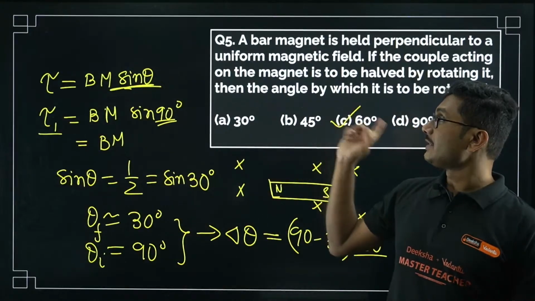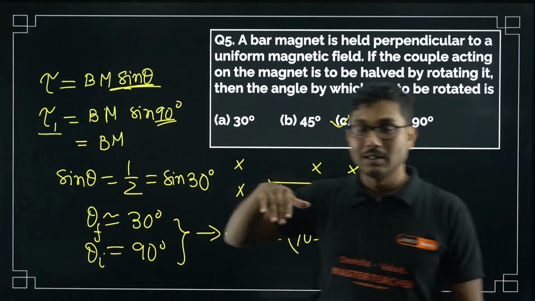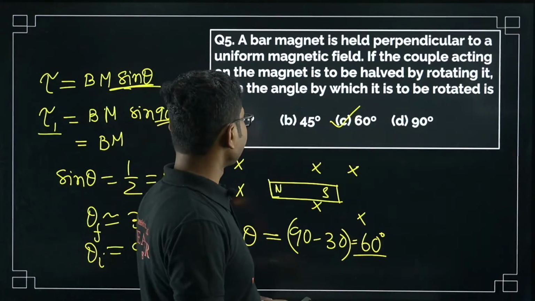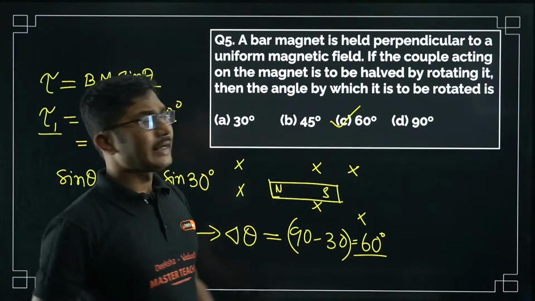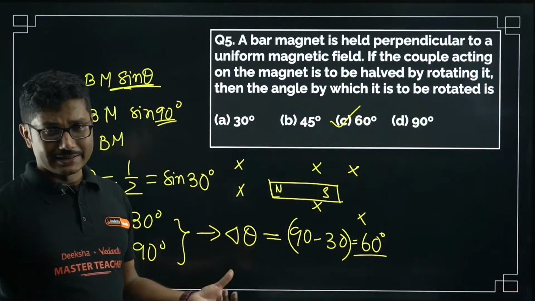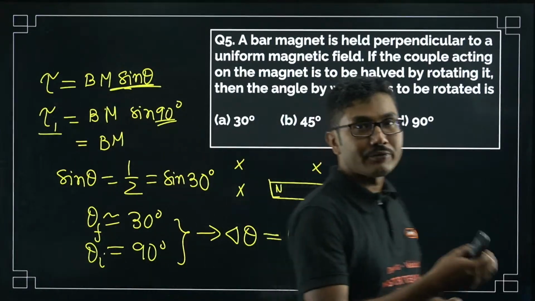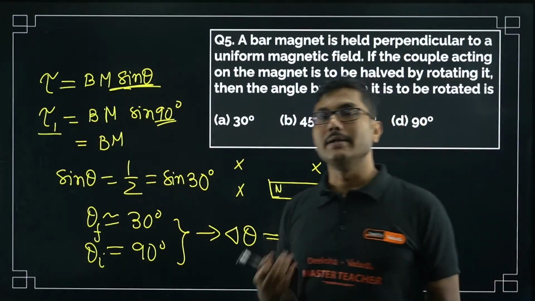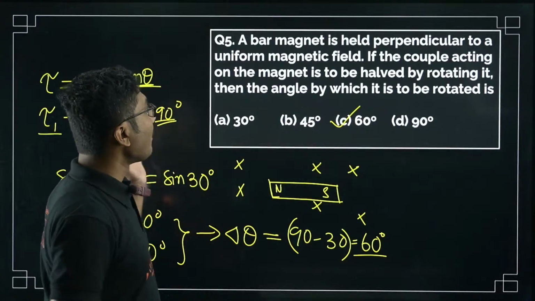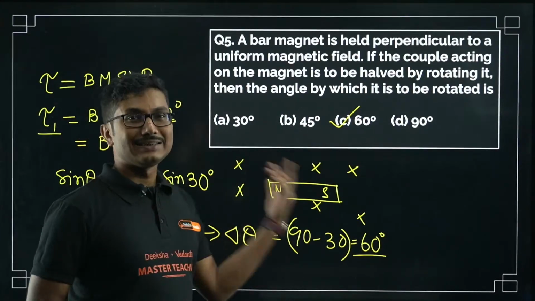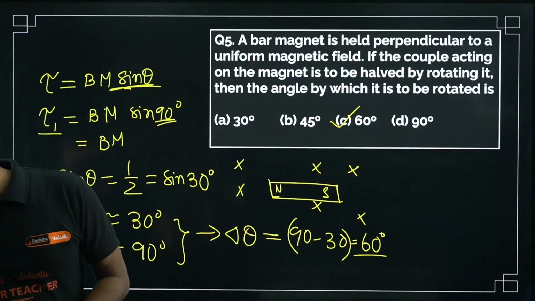The question says by how much angle you have to rotate it. So you have to rotate it by 60 degrees, not to 30 degrees. Based on the question language, the answer may be different. Here they have said by how much angle you have to rotate it, so you have to rotate it by 60 degrees. Only Shagupta answered it correctly.